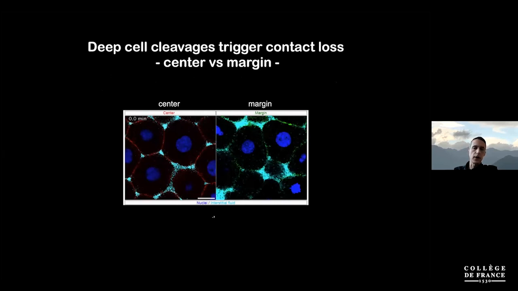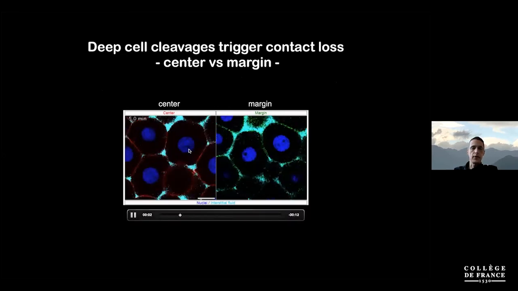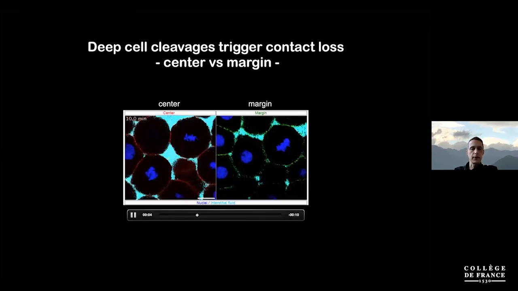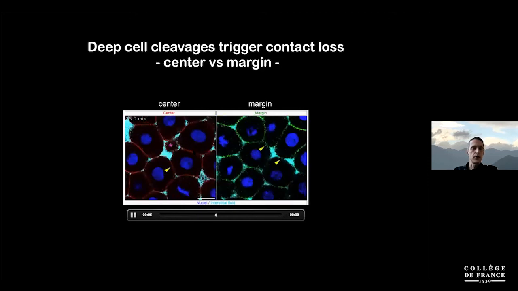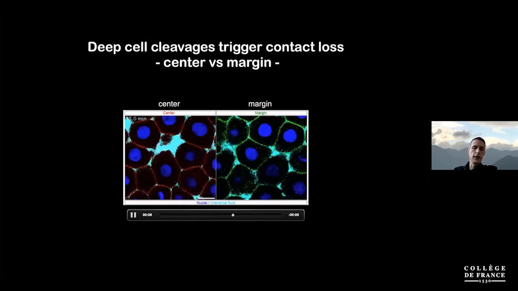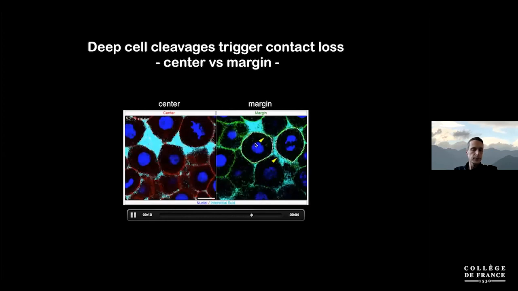And during the last round of cleavages, which are metasynchronous, or where the cells divide roughly at the same time, you can see that these cells are undergoing the last round of metasynchronous cleavages, and while they're undergoing mitotic rounding, they're losing contacts in the center, but they're not doing so on the margin.